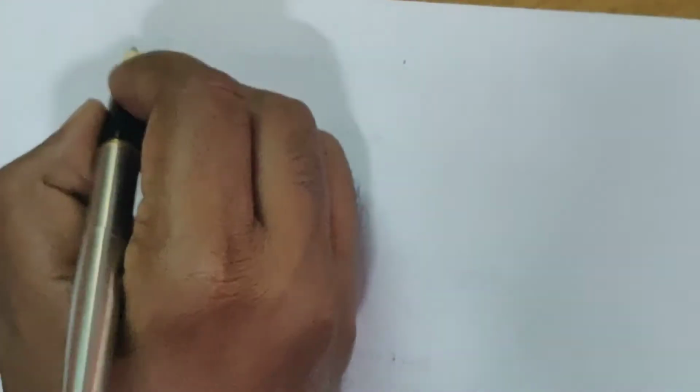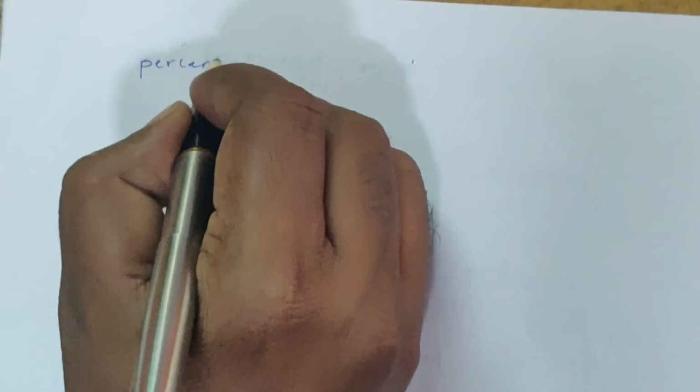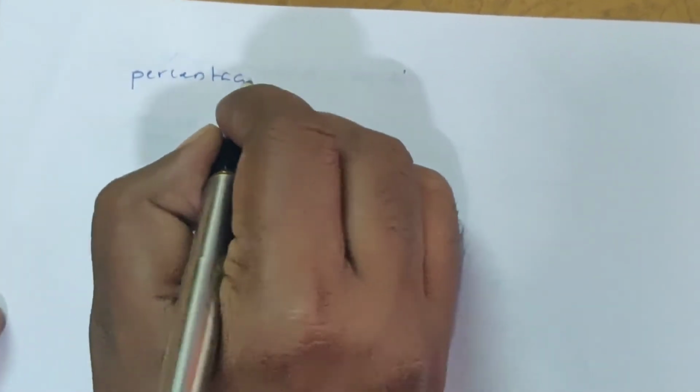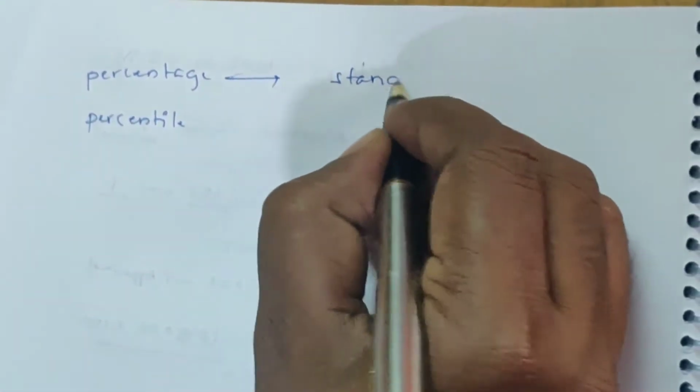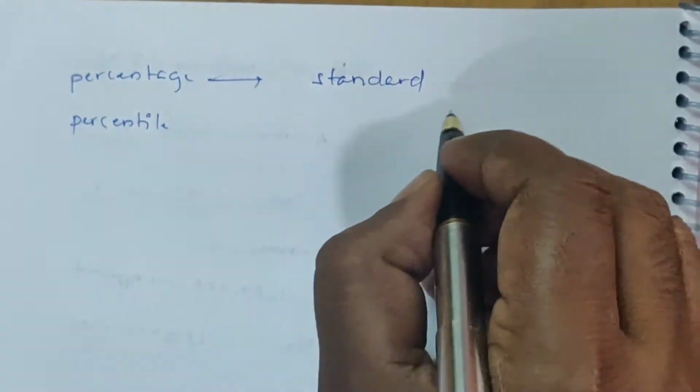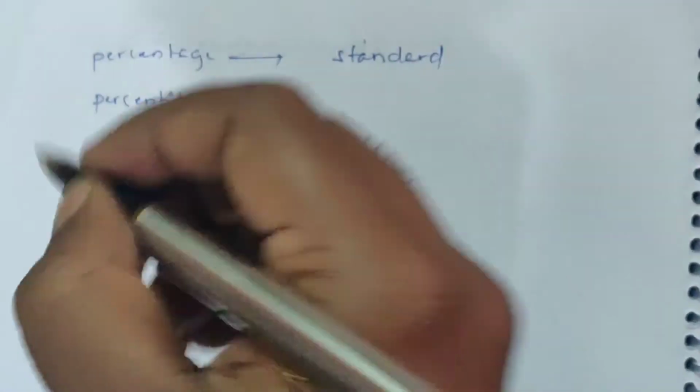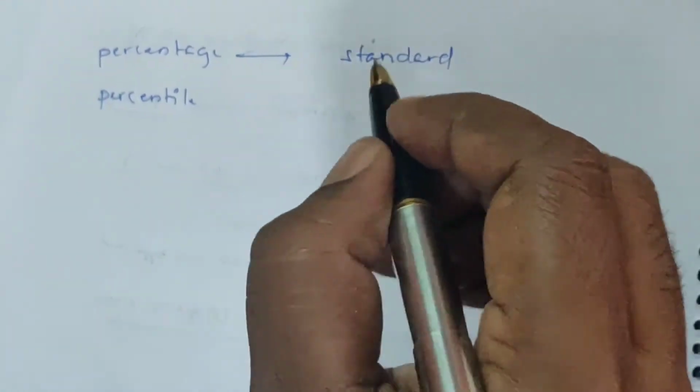So how to calculate percentile? Before going to percentile, what is the difference between percentage and percentile? Percentage gives standard, for example, out of 100, how much you got: 92, 90 or 50.